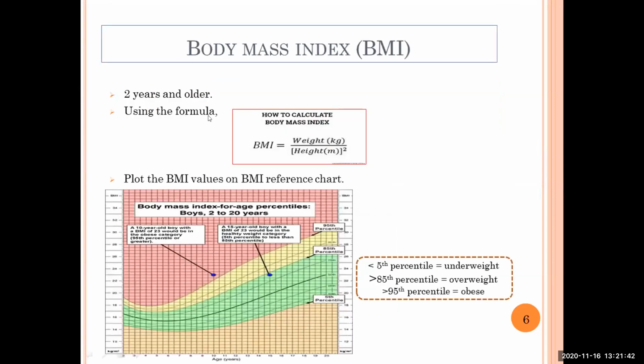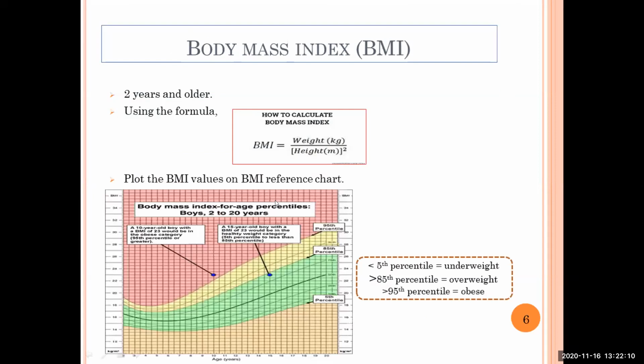Then for 2 years and older, we can measure BMI using this formula: weight divided by height squared. The BMI value we get, we can plot on the BMI reference chart. You can see in this chart, this is age in years, and this is BMI.